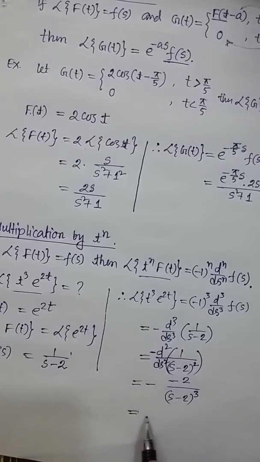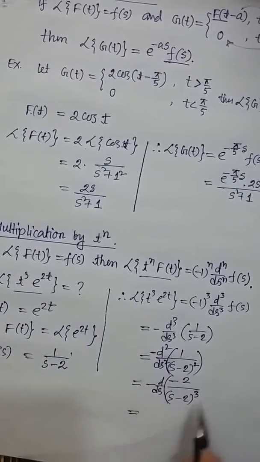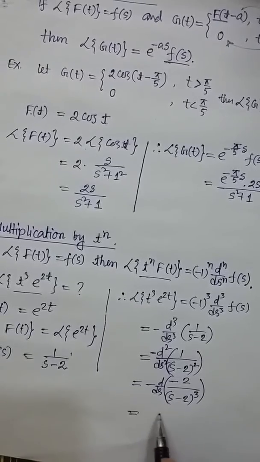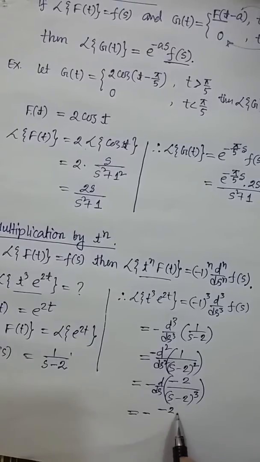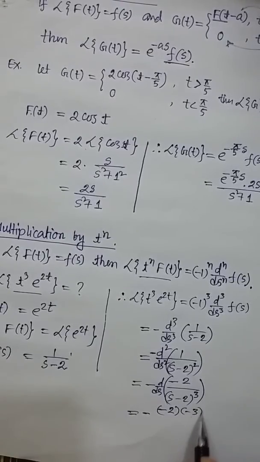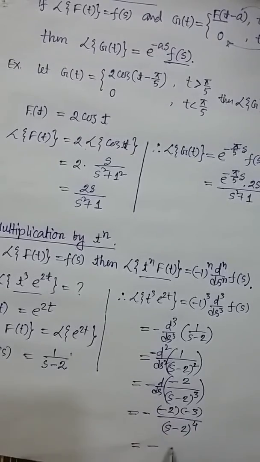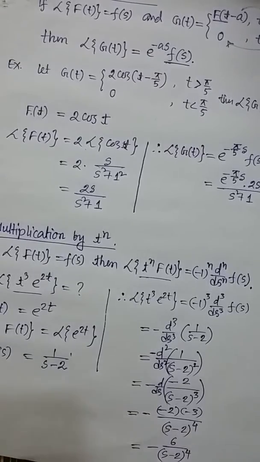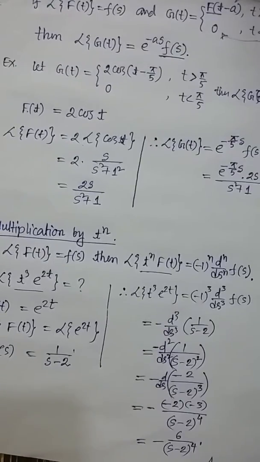And again from this, the third differentiation gives minus 2 times 3 by s minus 2 whole to the power 4. So actually we are getting minus 6 by s minus 2 to the power 4, and with the leading minus sign the final result is 6 by s minus 2 to the power 4. This will be the answer.